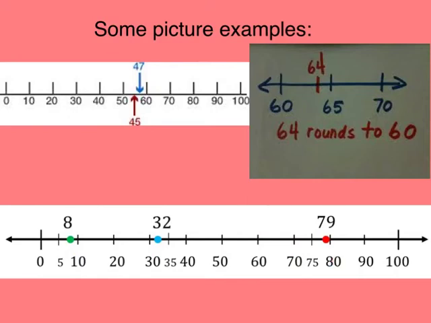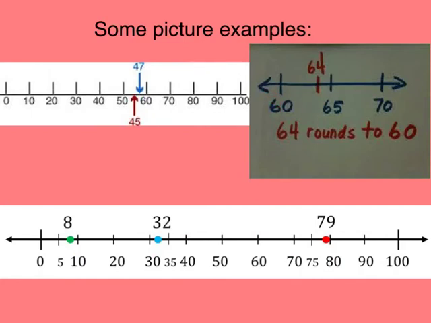And here's another one that I found. 64 is not quite halfway between 60 and 70, so we're going to keep it down at 60. We're not going to go up, as the rule said.